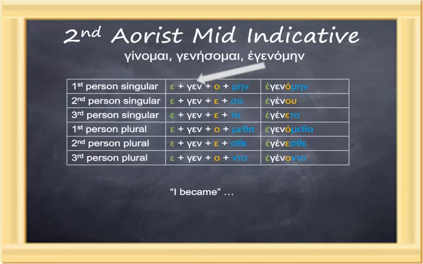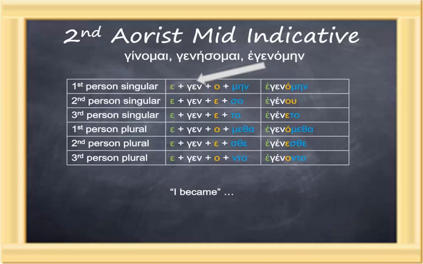Ginomai has a second aorist deponent form. The stem is gen, and so augment, stem, connecting vowel, secondary middle passive endings provide the six forms that you see in the right column. Egenomen, I became.